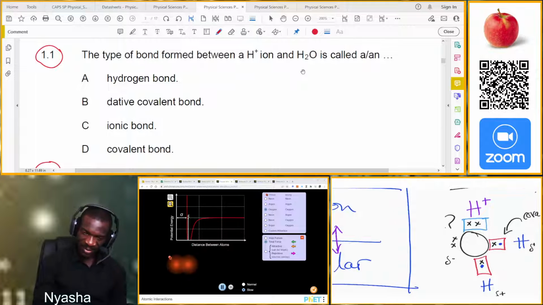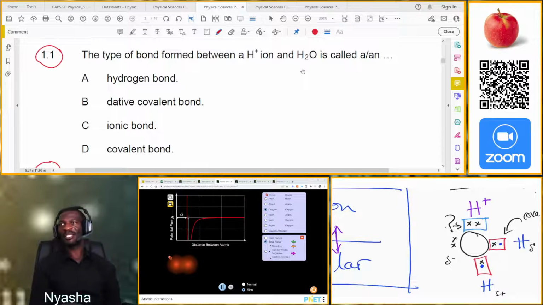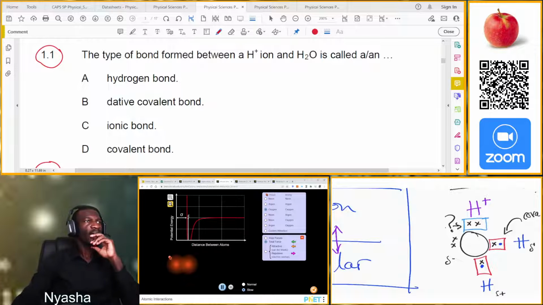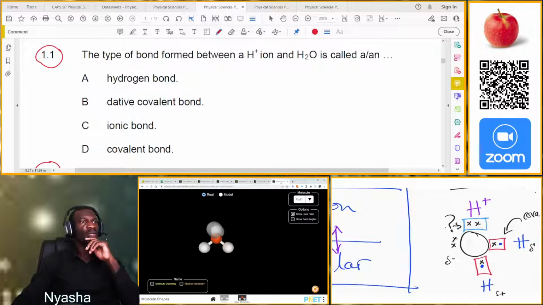How about this one? What type of bond is it? What do you call this new bond that is available here? This is our water. Where is the water molecule?